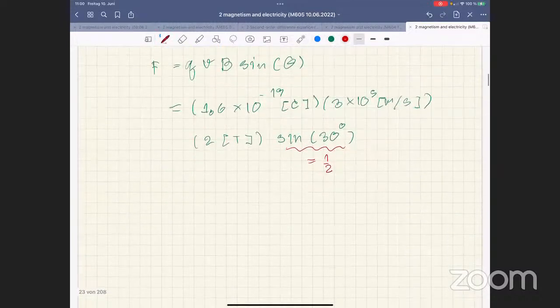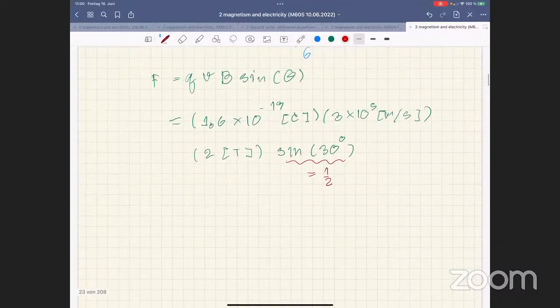We can put them into the calculator, or you can use your hand. It's no problem. These cancel each other, and you get 4.8 times 10 to negative 14. Of course, the result will be in Newton.